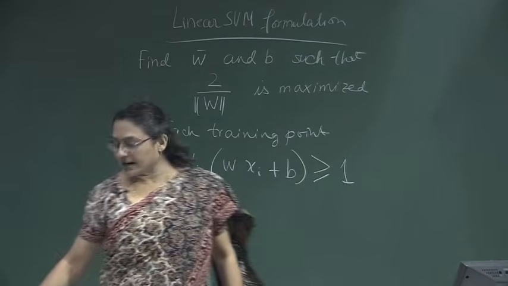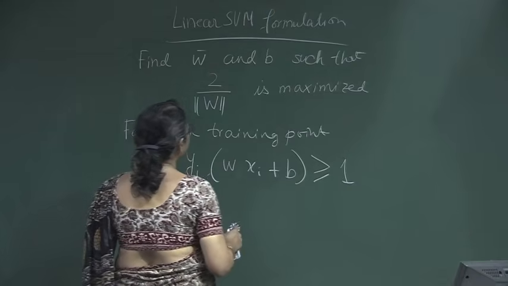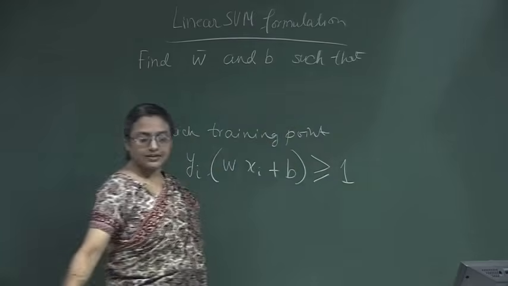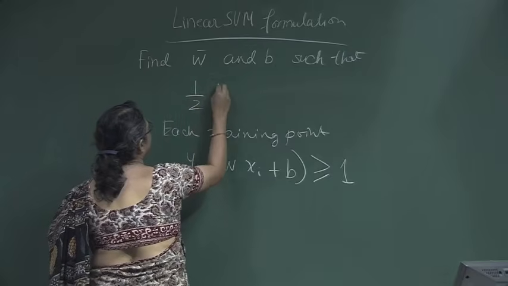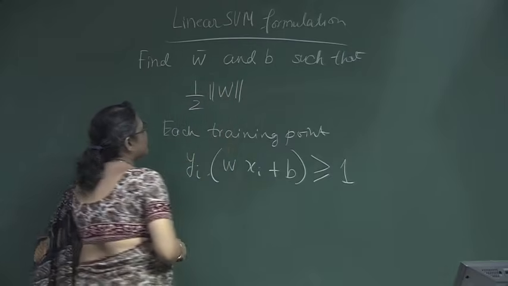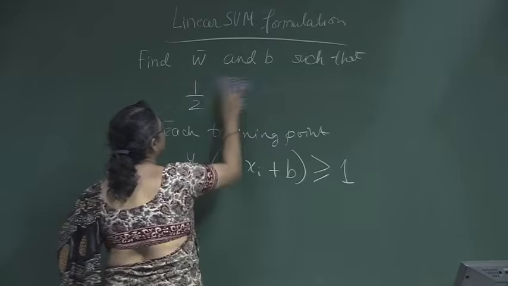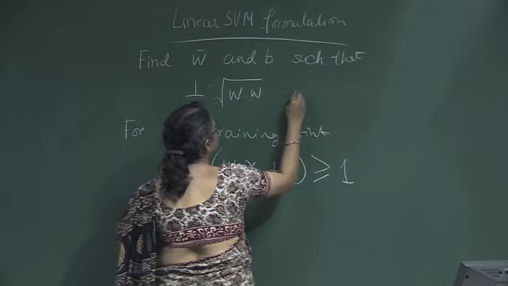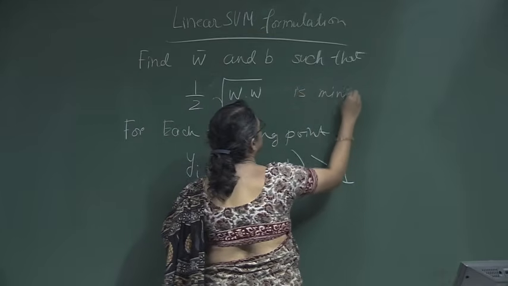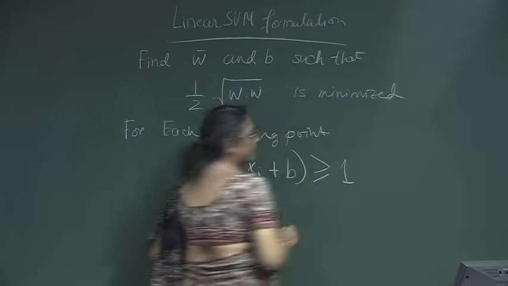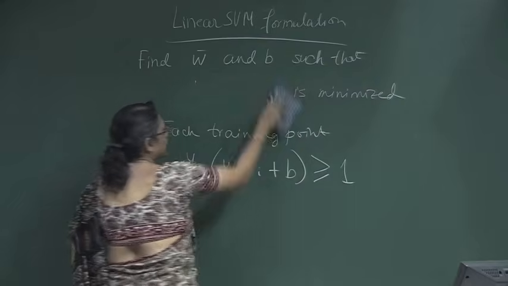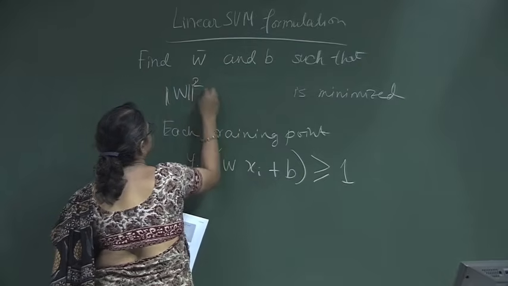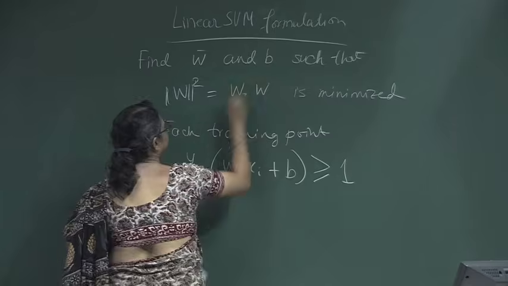This can also be written as, instead of maximizing 2 by ||W||, we can maximize its reciprocal, that is half ||W||. So, ||W|| is actually root over W dot W. So, we can minimize W dot W. Okay.